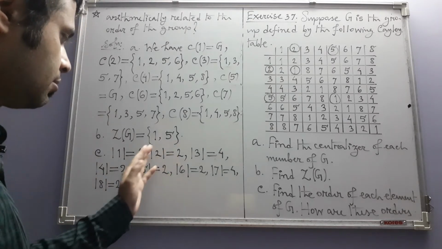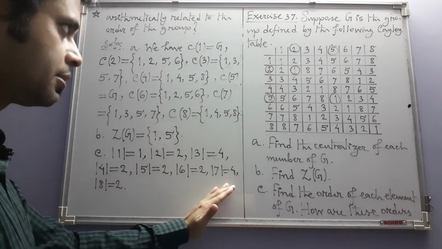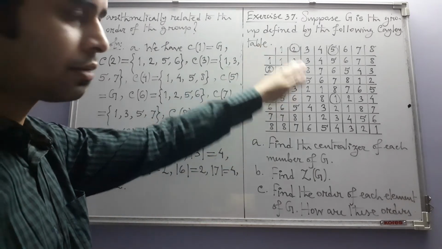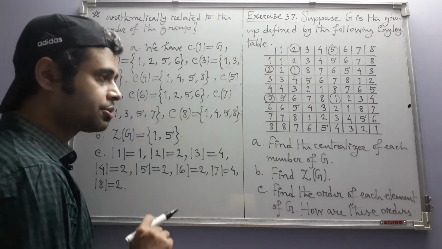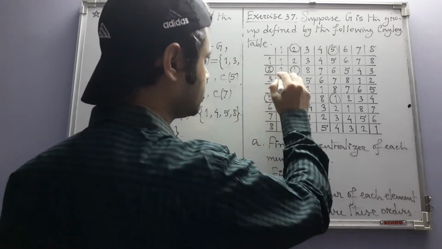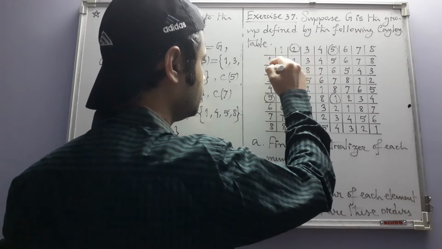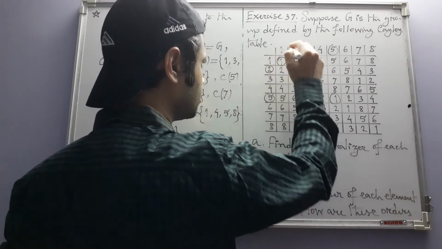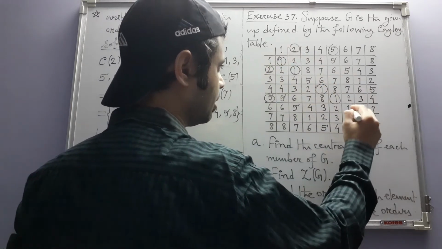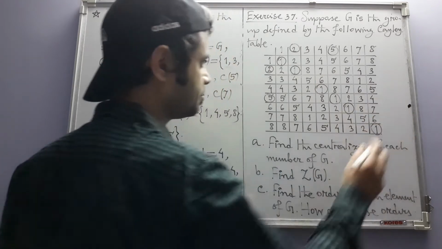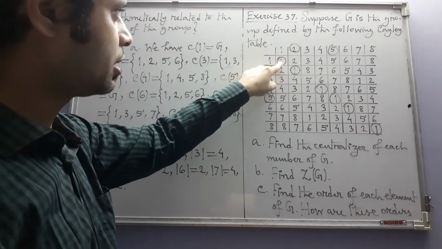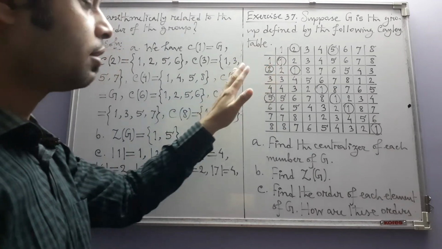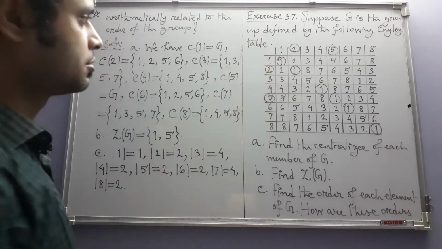Why the orders of some of the elements are 2, that we have seen. The elements whose orders are equal to 2 are those for which the diagonal entries are 1. 2 squared is 1, that is, 1 squared is equal to 1. Well, except the identity, of course.